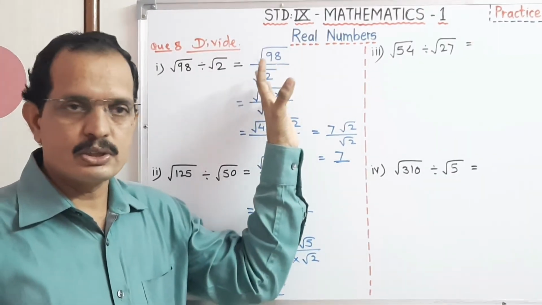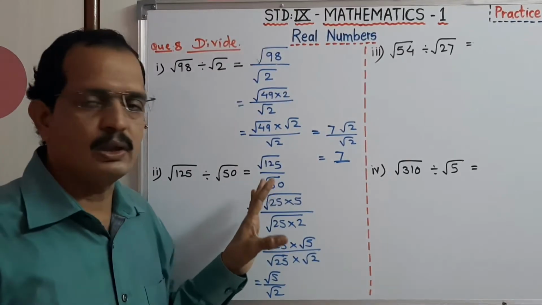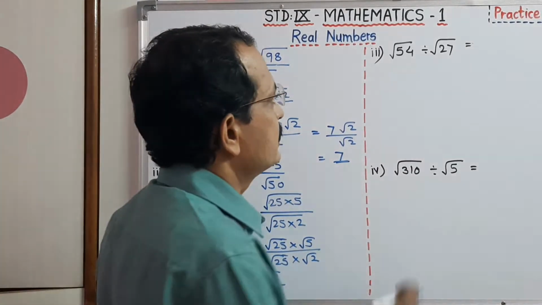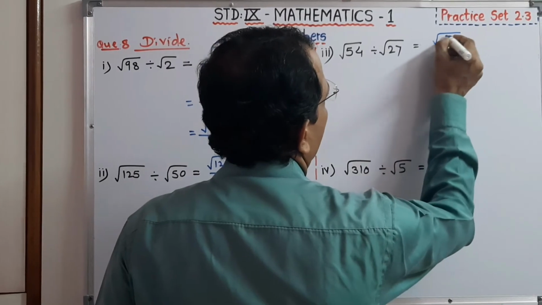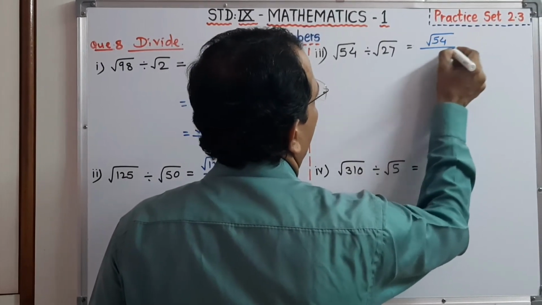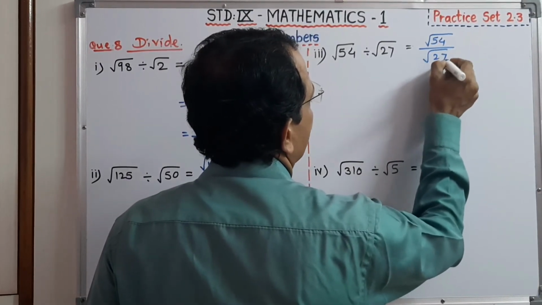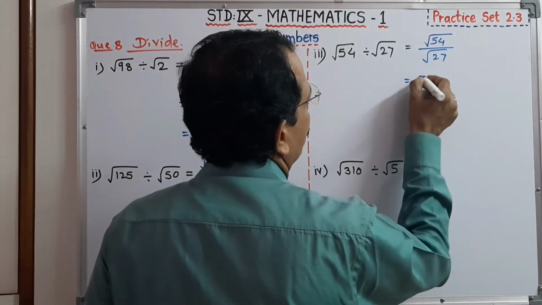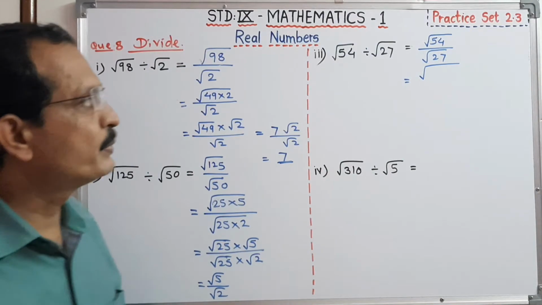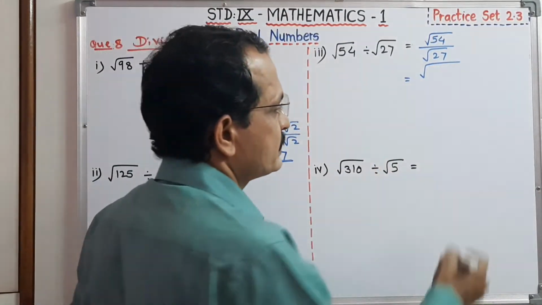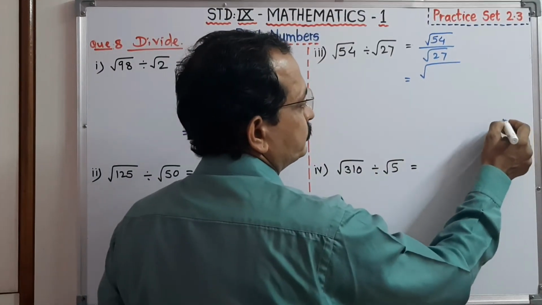If factorization is not there, then you can't solve this. Now see this. This is also very easy. We write here root 54 upon root 27. For that purpose, see here 54.